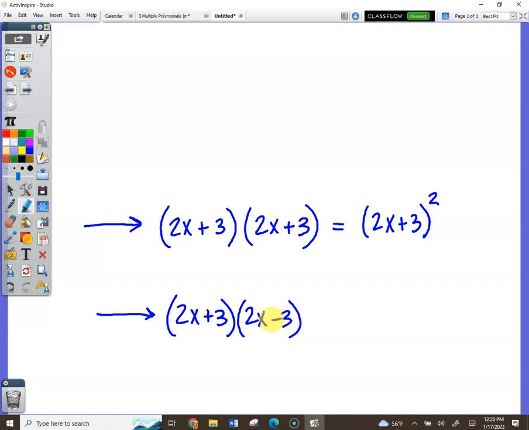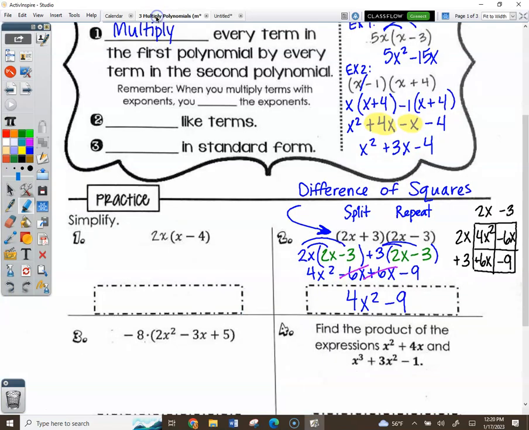It's so close to being a perfect square, but there's one difference, so it's called a difference of squares. Here's why it's important: every time you have a difference of squares multiplied together, every time, the middle term disappears. So that's why it happened here.